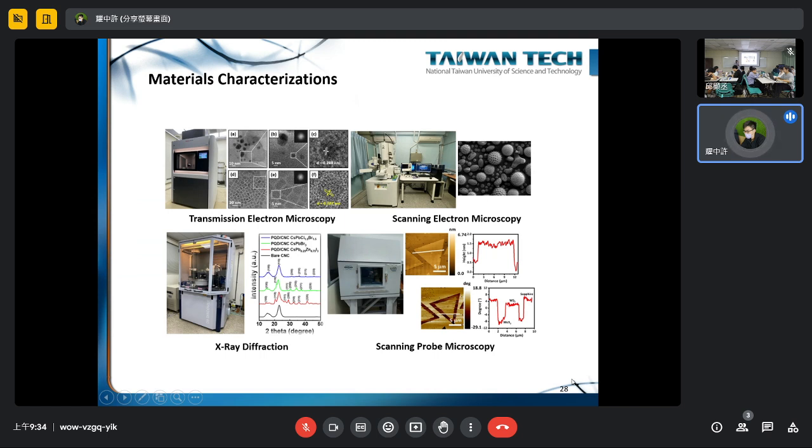Scanning probe means you have a tip. When the tip interacts with your surface, it will generate an electrical signal, which becomes the height profile. Or you can do mapping, but this takes time. You need to scan point by point, and if you want a very clear image, it may take like 20 or 30 minutes.